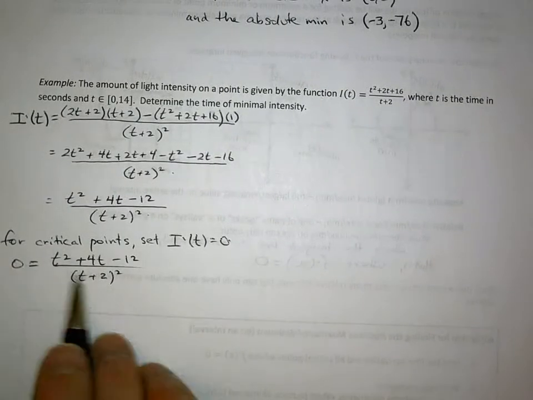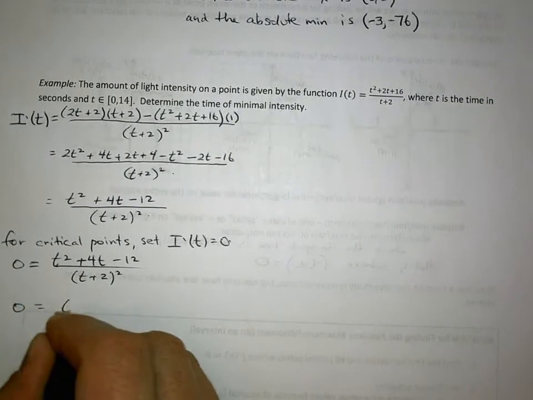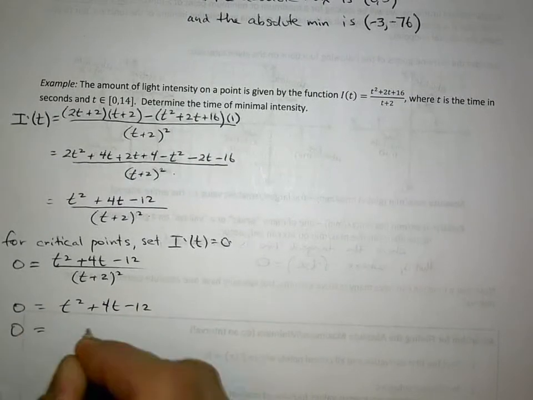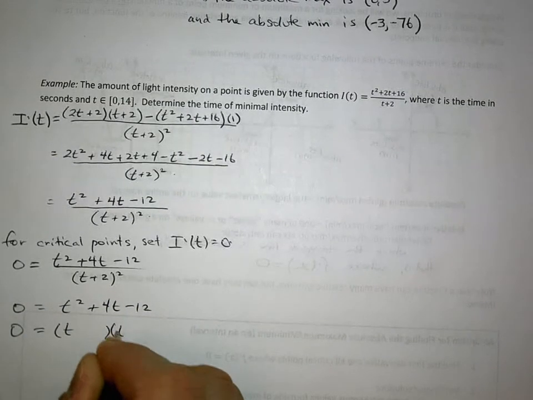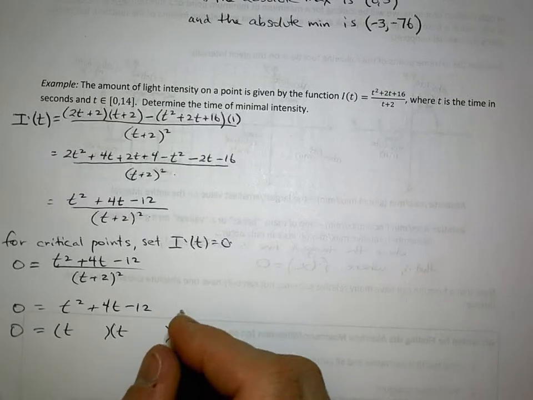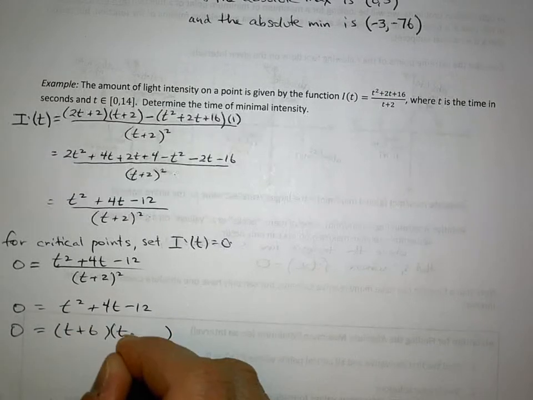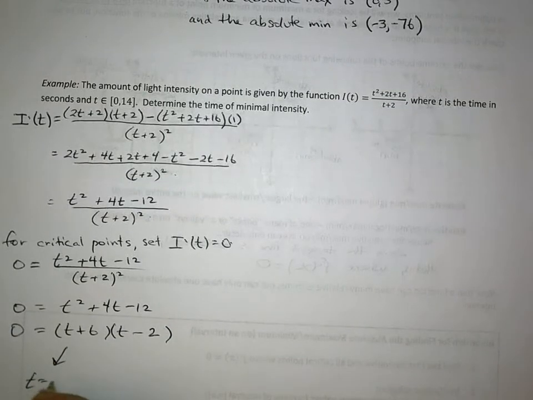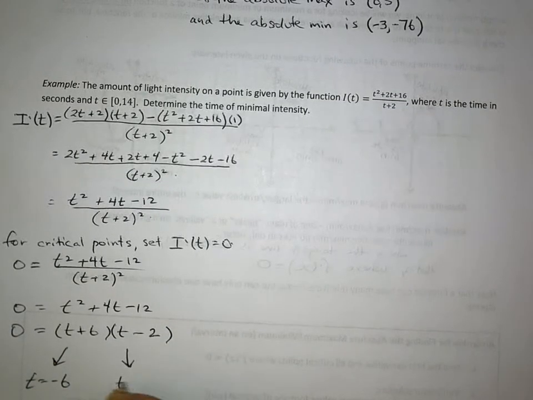If I cross multiply, I end up getting rid of that denominator. Now I just need to factor. That's how we solve a quadratic like this. I have 6 and 2, positive 6 minus 2, I believe. So now I have two answers: t equals negative 6, and t equals 2.